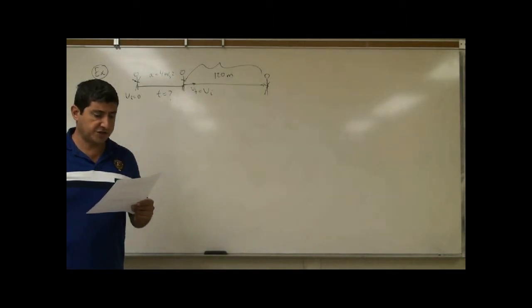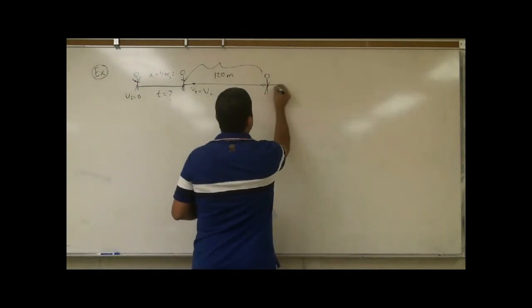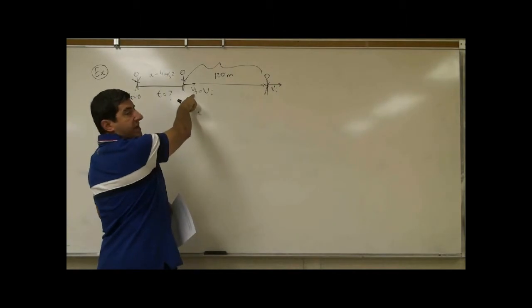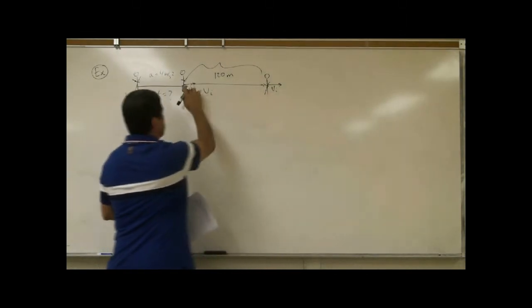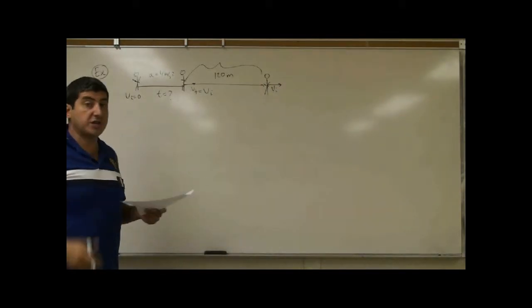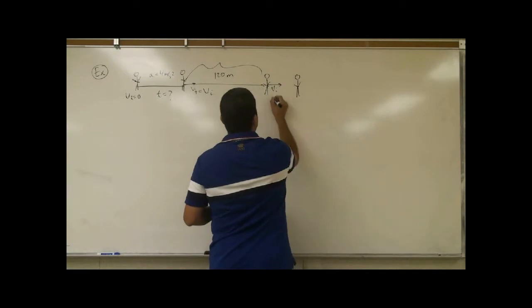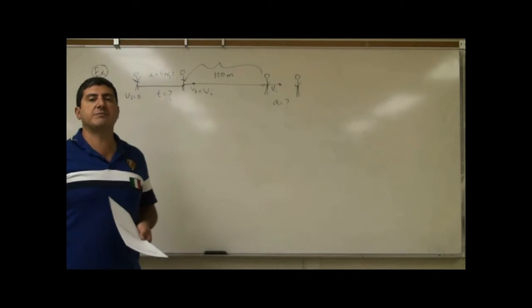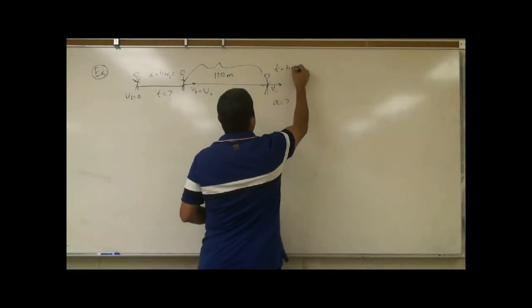Then what are we told? Then she accelerates at a rate of a. So her initial velocity here is the same as the velocity that she has during that middle stage, right? So her initial velocity is the same, and then she accelerates at a rate of a. We don't know a. A is unknown, but what is given to us? The time is 3 seconds.